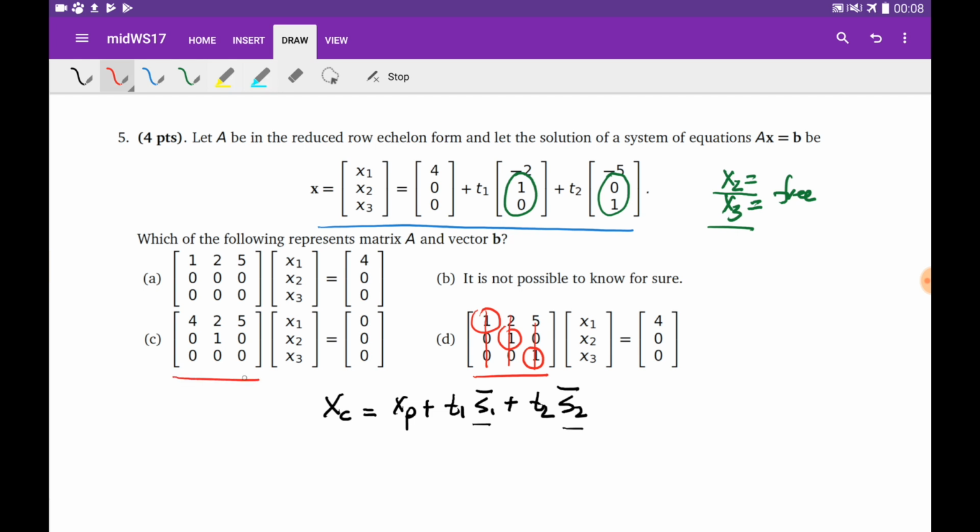If I look at this matrix, I see that this column has a pivot, all the elements below it are equal to 0, and this column has a pivot too, since all the elements below it are equal to 0. So only the third column is a free variable. Only in this matrix are the second column and the third column free columns. So x2 and x3 are going to be the free variables for this matrix, and our option is going to be this one.